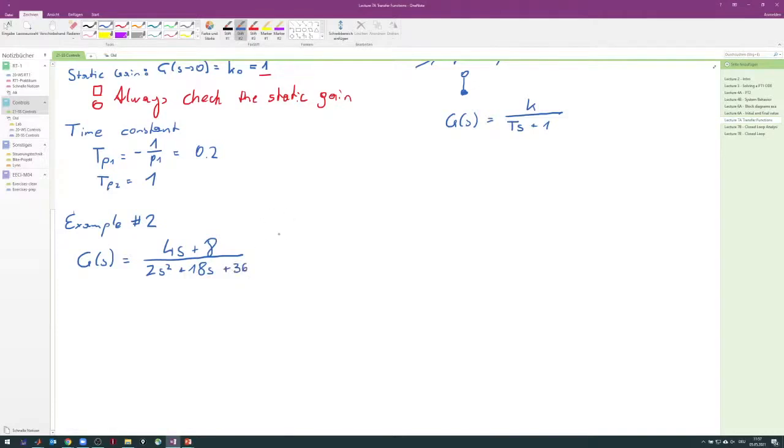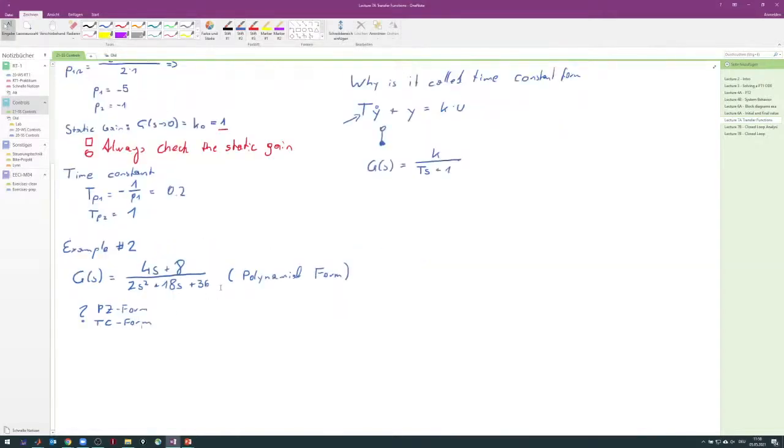This is the polynomial form, right? And we are interested in the pole-zero form and the time constant form. Let me zoom this in a little bit.